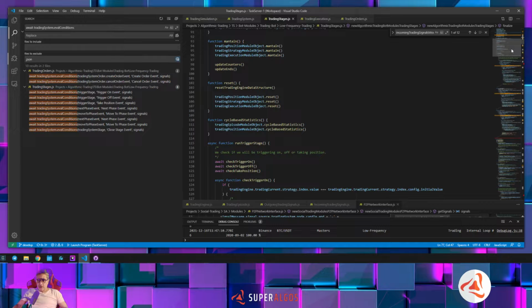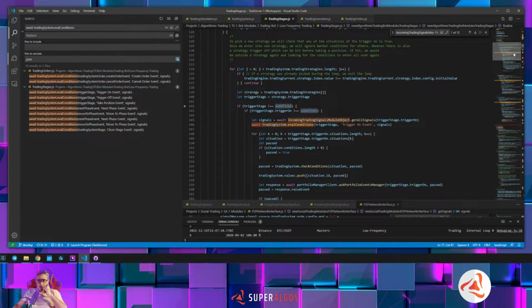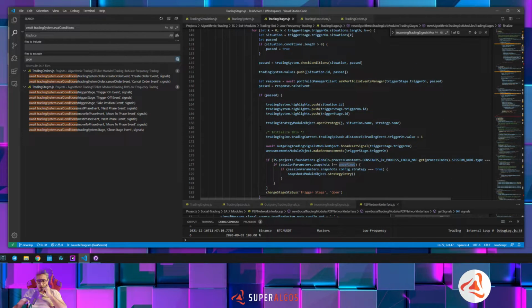So at trading stages, we have the trigger on, right? So when we do trigger on, then we make a broadcast of this. We broadcast signal. Okay? So that is not happening at all the other events.